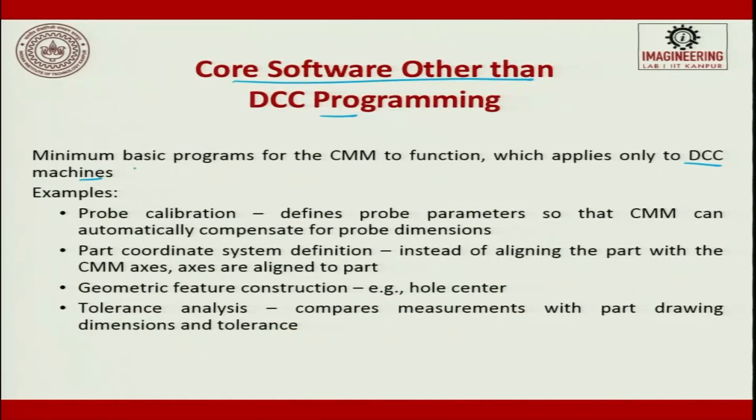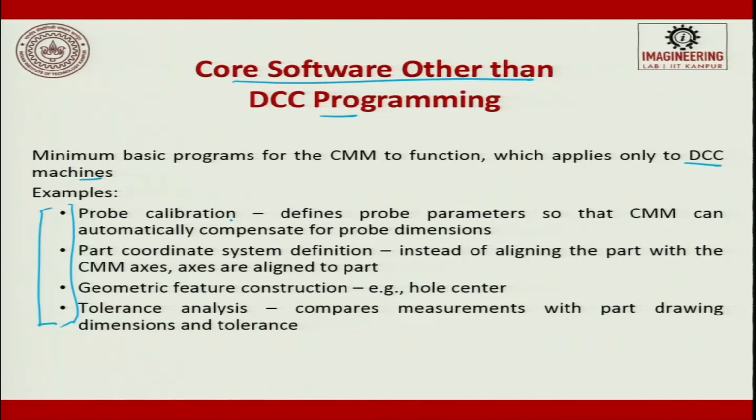So, here we use minimum basic programs for the CMM to function, which apply only to DCC machines. The examples are probe calibration, part coordinate system definition, then geometric feature construction and tolerance analysis. These are the 4 important things which are generally done using the software.